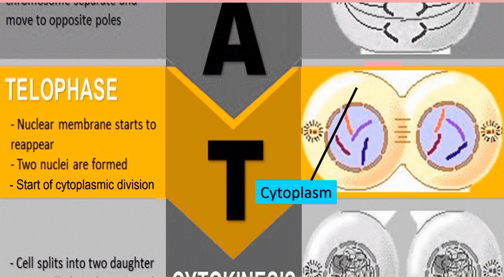We have here another part of the cell, the cytoplasm. Cytoplasm is a gel-like substance found within cells. This last stage of mitosis, the telophase, marks the start of cytoplasmic division or cytokinesis. That is why elongation is observed during this stage.